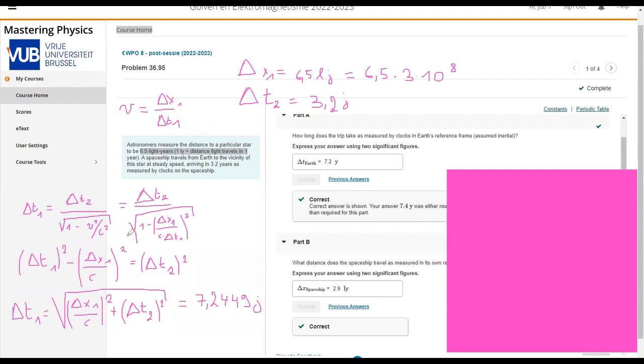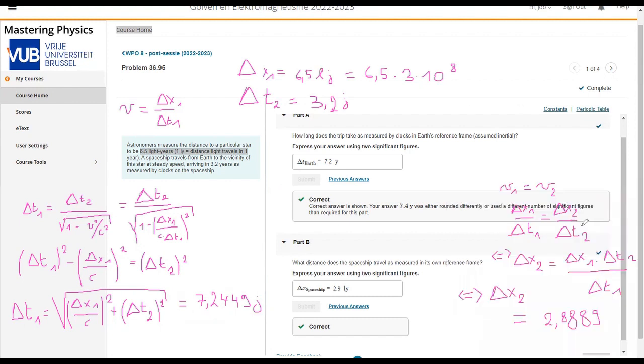You just have to use this, and then you can calculate it like this. We will find this, and it will give you this one.